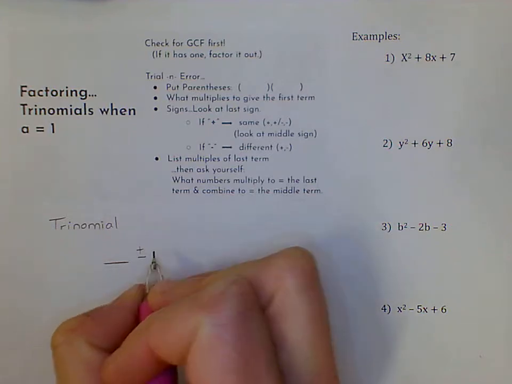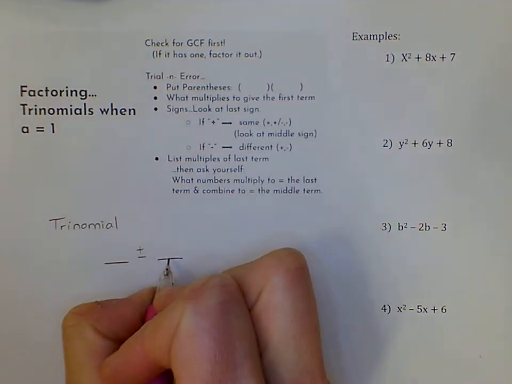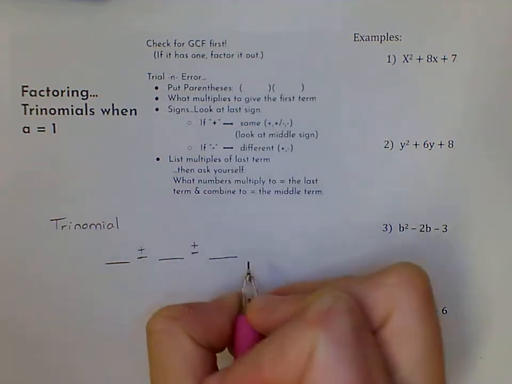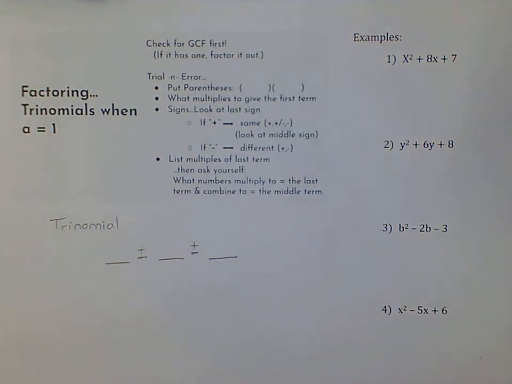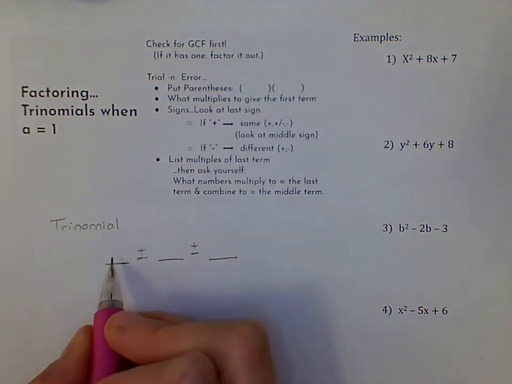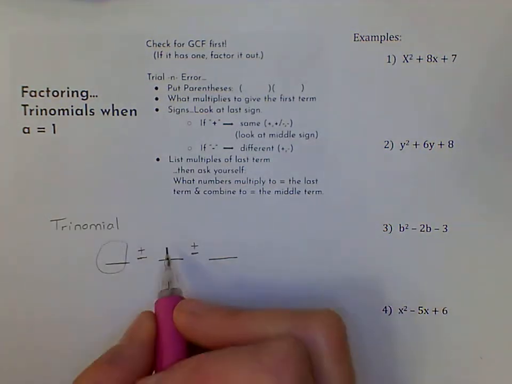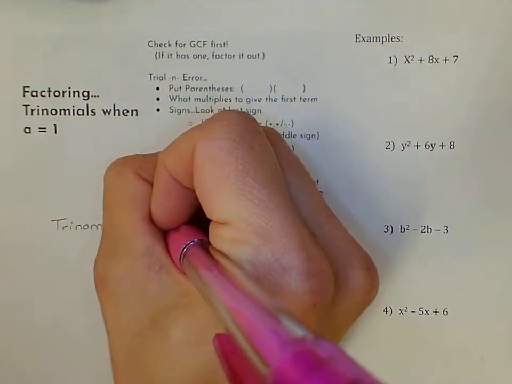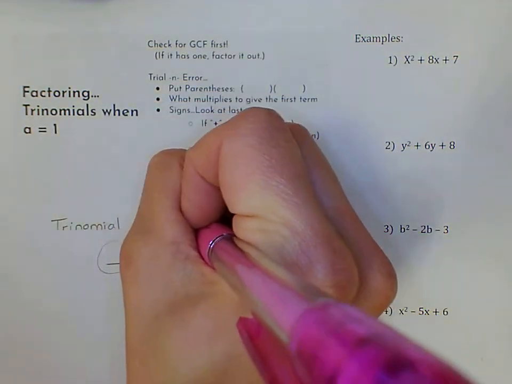So it could be either one. And then it's going to have another number and a variable, and then another plus or minus sign. And then it's going to have one other number, variable, or something like that. So this would be a trinomial because it has 1, 2, 3 terms. Okay, so a trinomial has 3 terms.